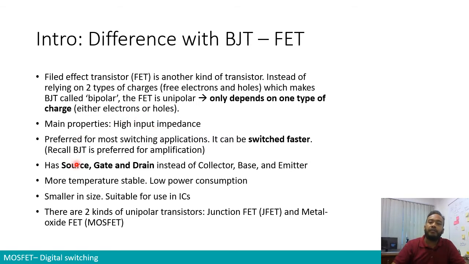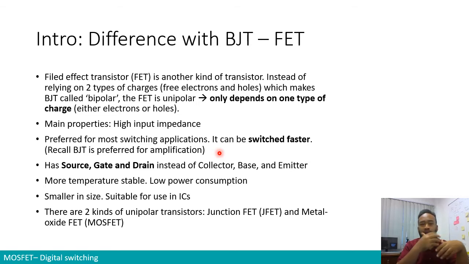So it is preferred in switching applications. Switching applications mean turning on or turning off very quickly. It is basically because it can switch faster. If we recall in BJT, the main application that we looked at is not switching. While we know that transistors are used for amplification and switching, when we discussed BJT, the discussion was more on amplification.